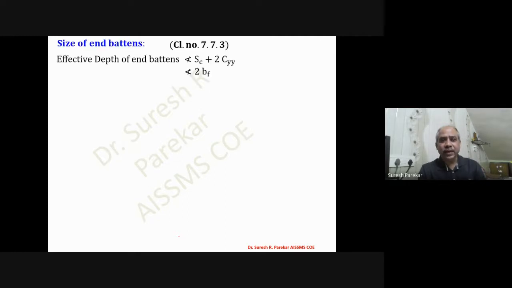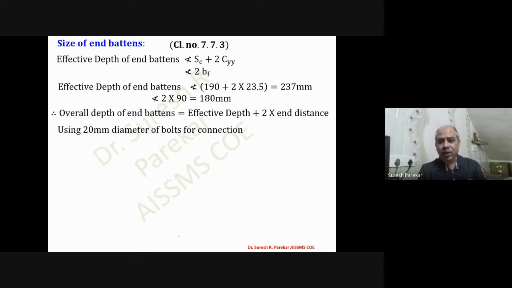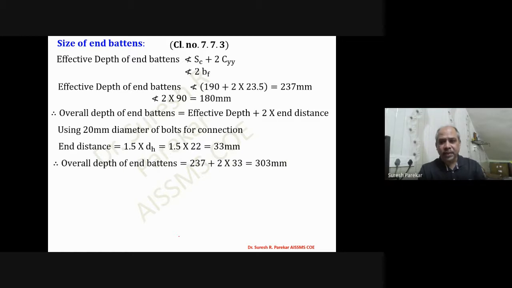So less than this we have to provide, and that comes to 1250 millimeters. Now for the size, for end battens we have SC plus 2 CYY not less than again 2 BF, and we will have this value 237. So taking diameter of bolt 20, we will provide end distance as 33 millimeters, which gives me overall depth 303 millimeters. So I will provide overall depth of end batten 310 millimeters.